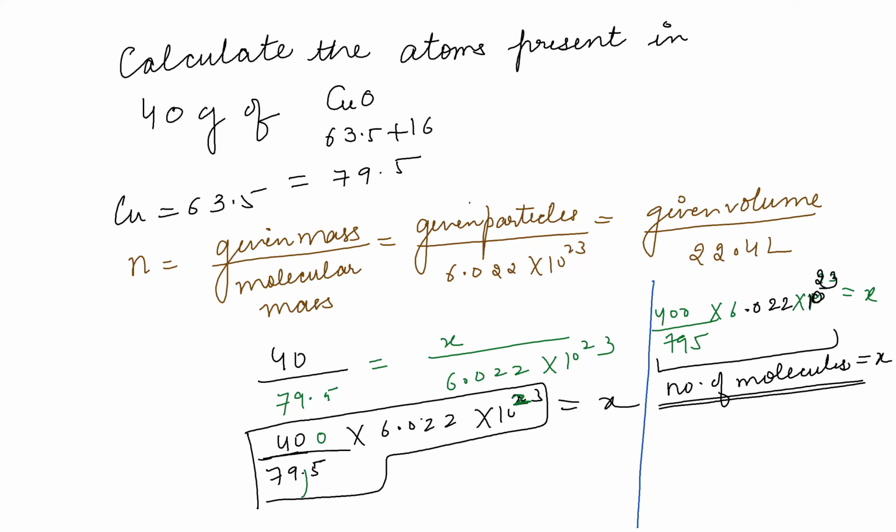Now, for the number of atoms, one molecule has two atoms. So whatever is the answer, 400 over 795 into 6.022 into 10 raised to the power 23, that is the number of molecules. Understood my point or not?